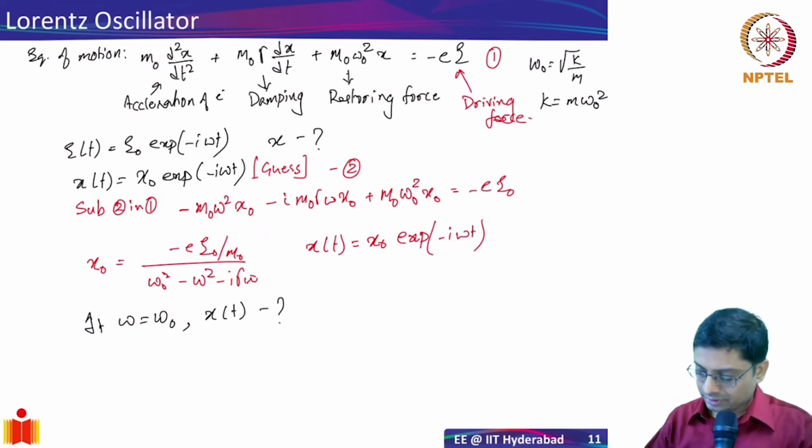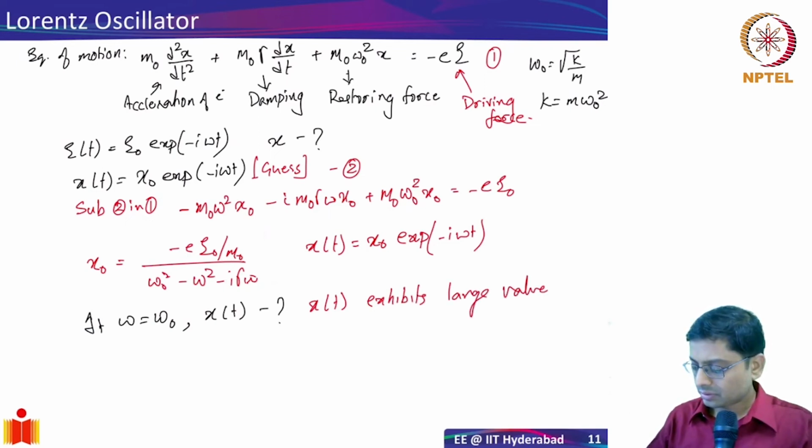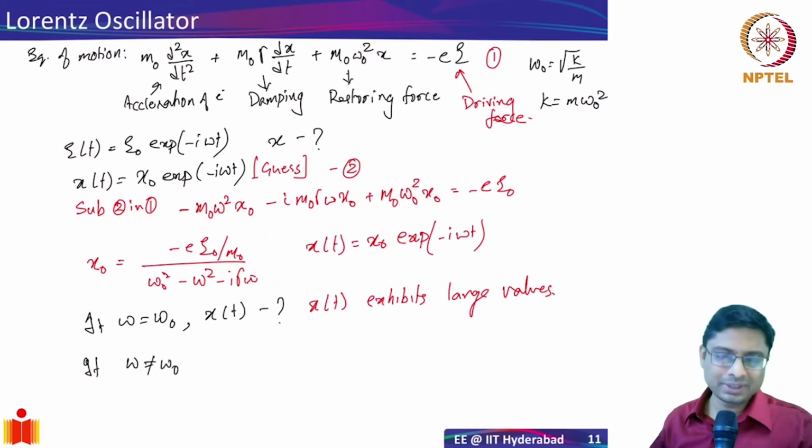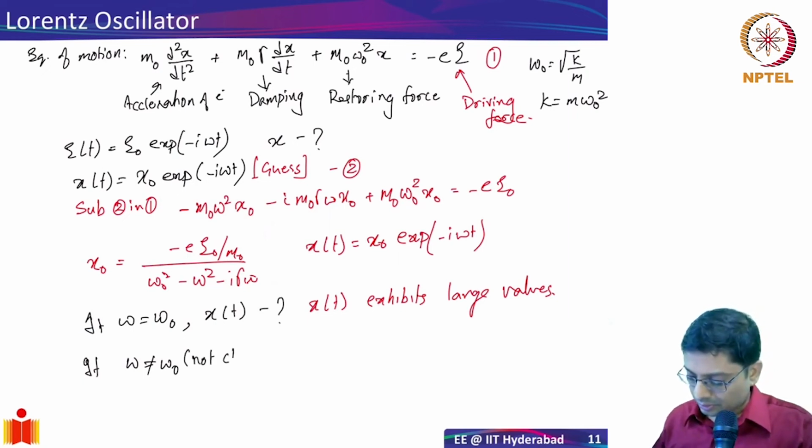So this essentially is the resonant response that I was talking about, right? So if it's x naught, x of t exhibits large values. If omega is not equal to omega naught, and it's a little bit away from it, not very close to omega naught, what happens?